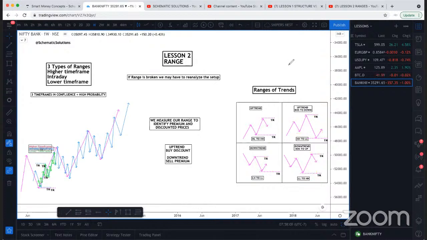So now the reason why we find our range, besides it telling us where we should be trading, is it helps us identify premium and discounted prices. Ultimately, keep in mind if we're buying, you want to buy at a discount. For example, let's say we have two cars, whatever type of car, your favorite car, at the same lot, same car, nothing's different at all, same year, same mileage.